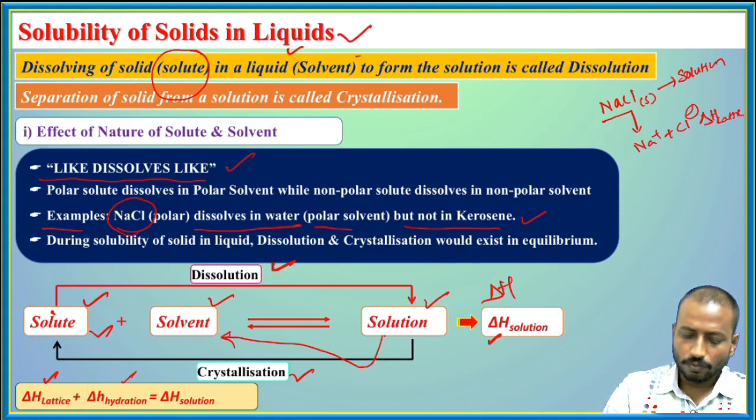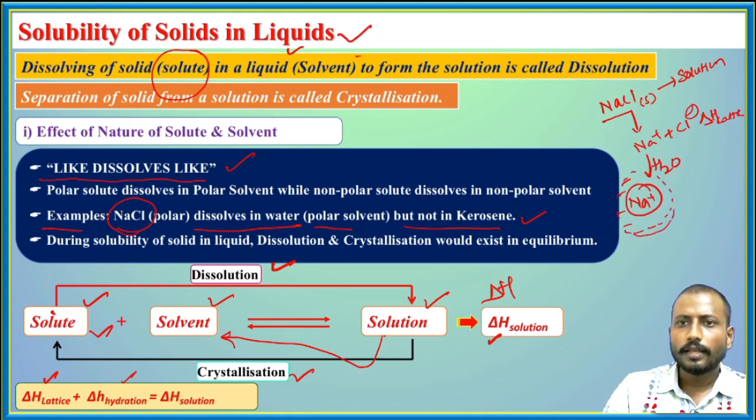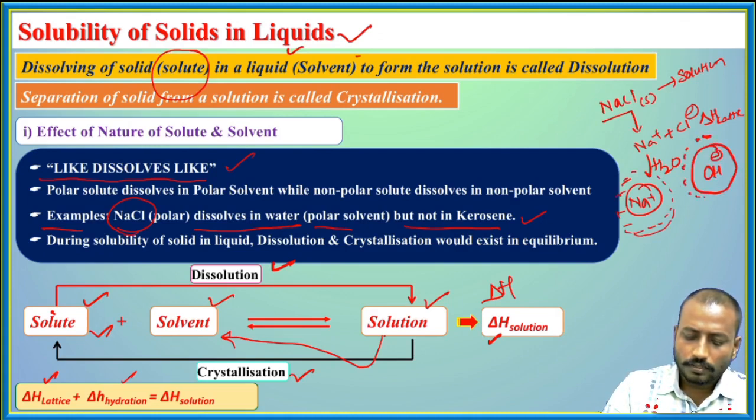Okay. So after that, water molecules are going to surround each Na plus. These water molecules are going to surround these Na plus ions. Water molecules are also going to surround these OH minus ions. So this is called hydration or solvation. I told you here hydration or solvation are the same meaning.